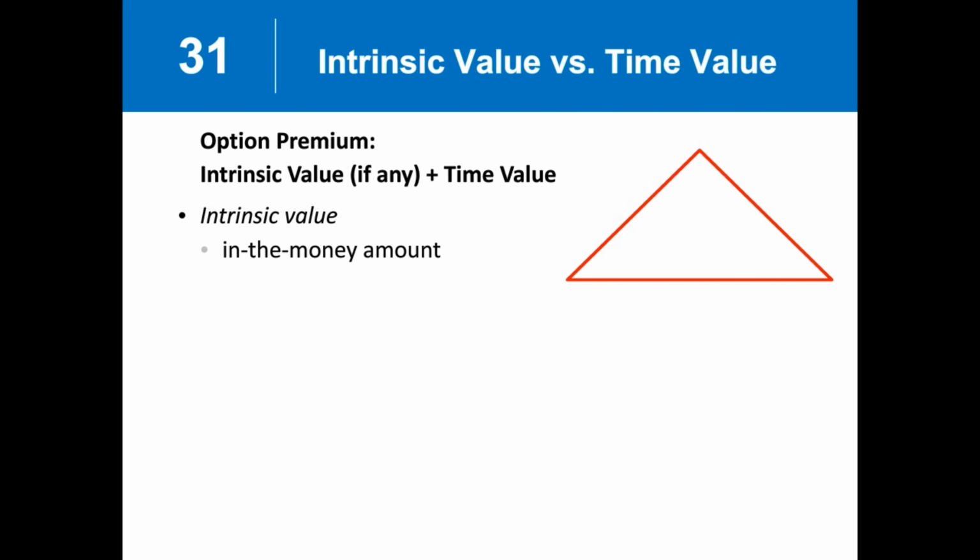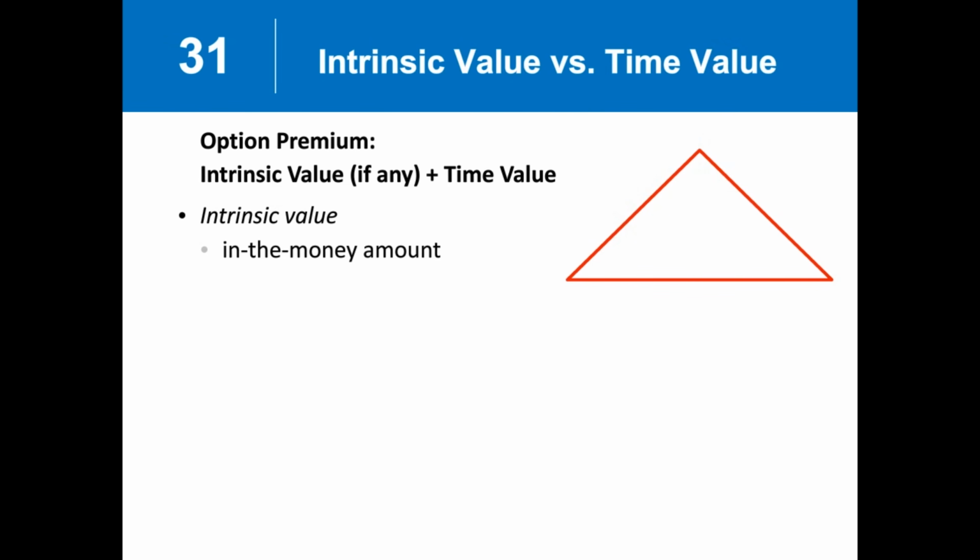Absolutely, all day long. Okay? That difference of $5, that's what we call intrinsic value. That option inherently has $5 of value to it, because I can buy stock for 50, I can turn around and sell it for 55.